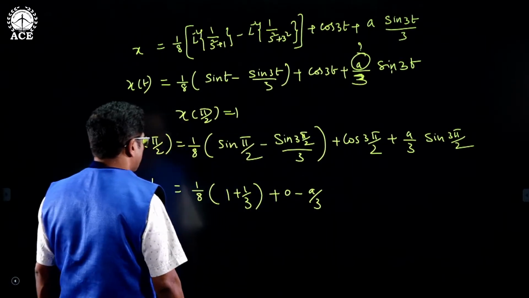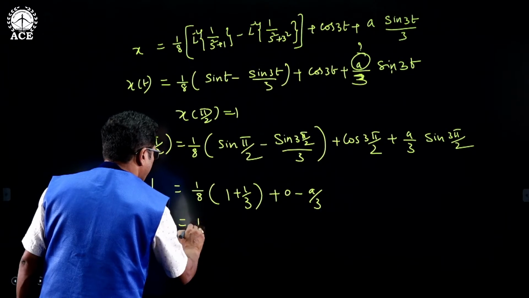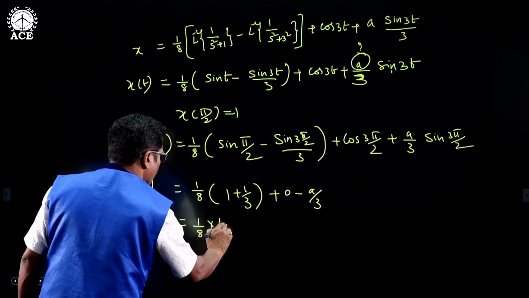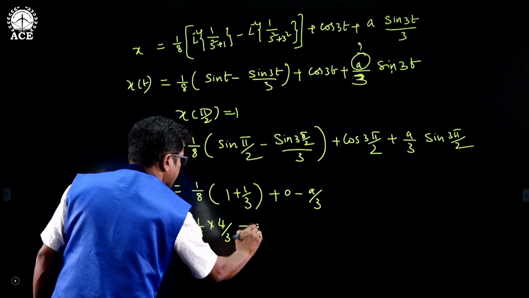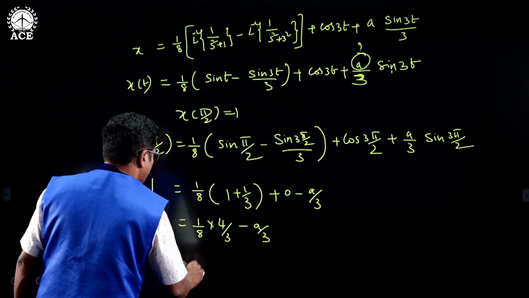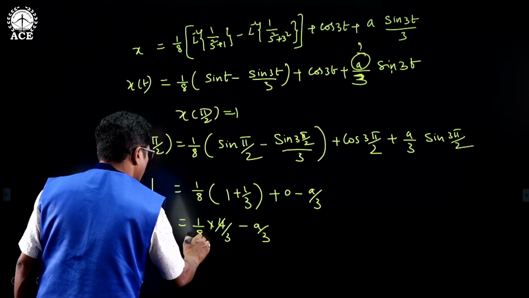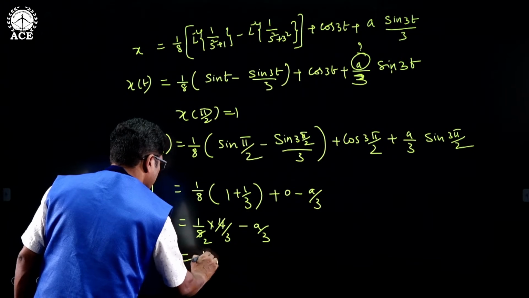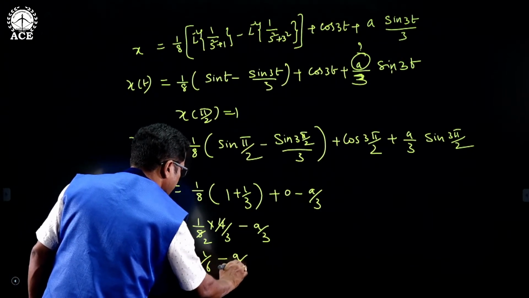Okay, so which is equal to 1 by 8 into 4 by 3 minus a by 3, which is equal to 1 by 6 minus a by 3.